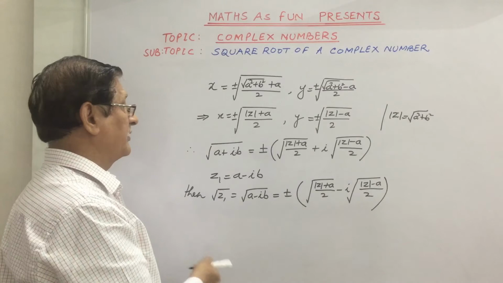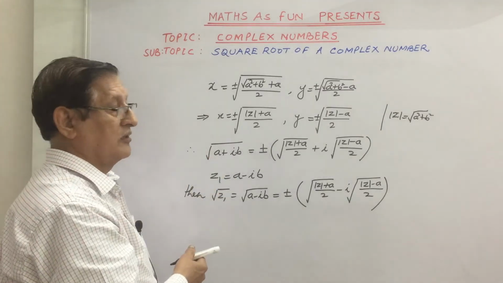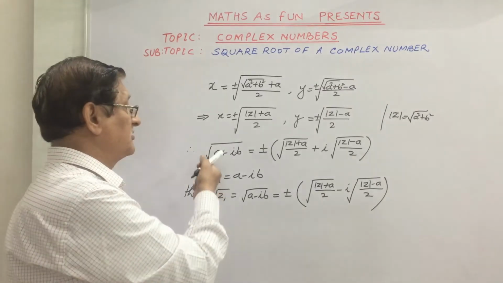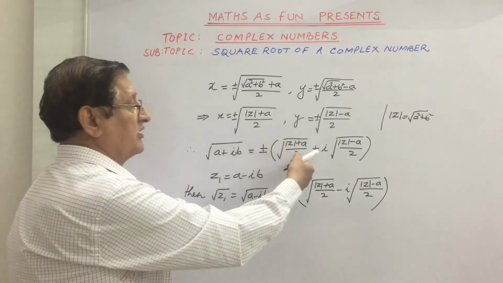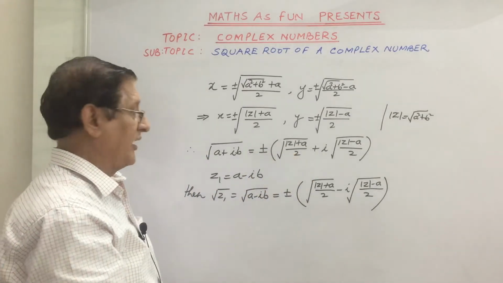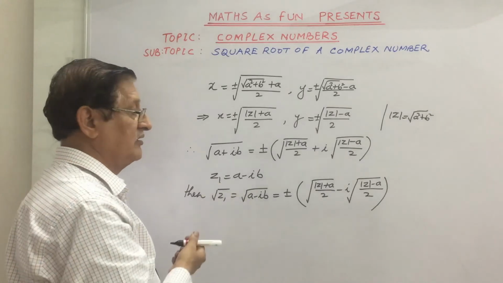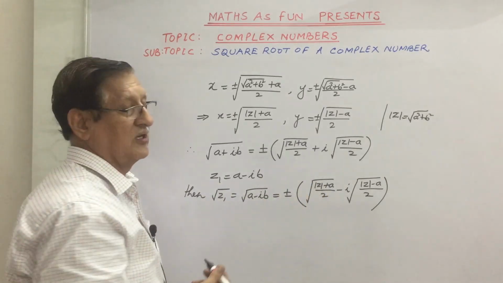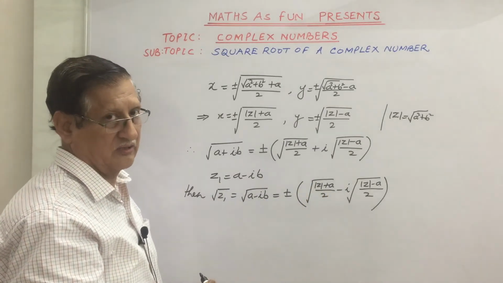This we have to keep in mind. If this is a plus iota b, means imaginary part is positive, then here also imaginary part will be positive, and if the imaginary part is negative in z, then the square root also will have the imaginary part as negative.